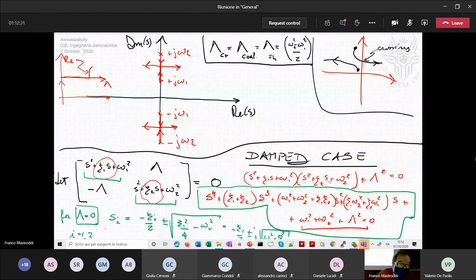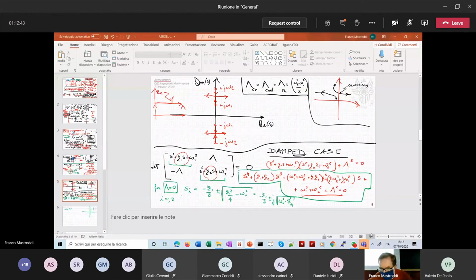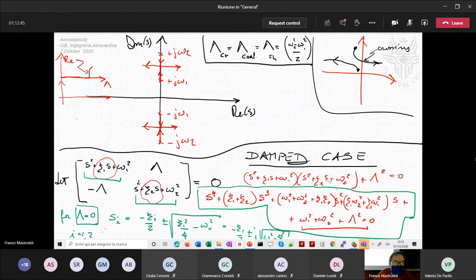So if you plot the real part, you have this trend and then this trend here, and for the imaginary part you have an increasing value. You start from this value, and then the imaginary part varies and then stops.